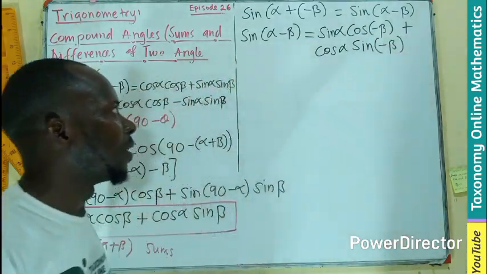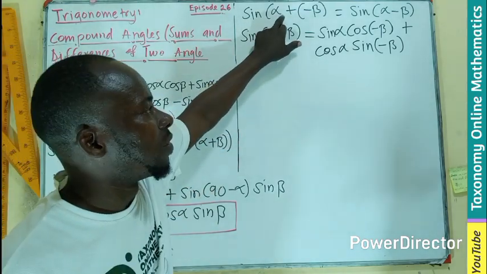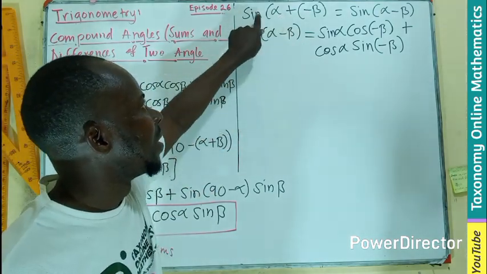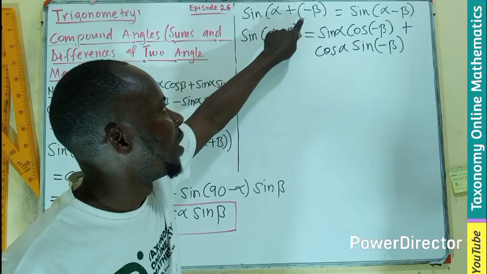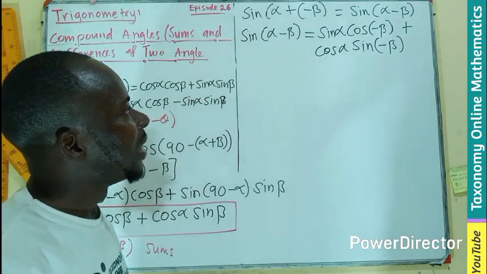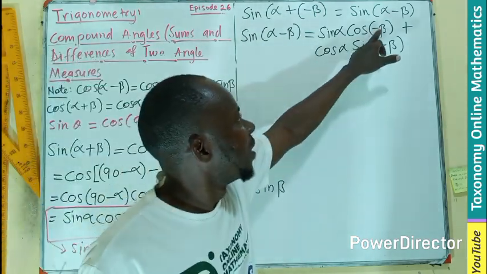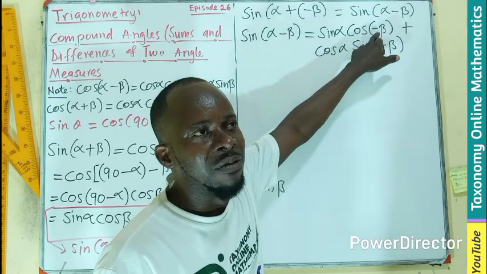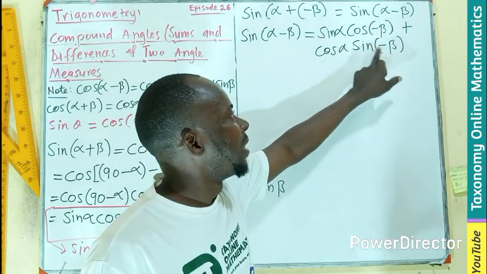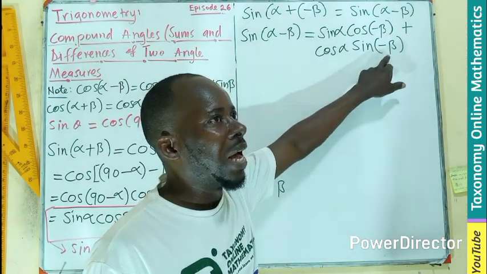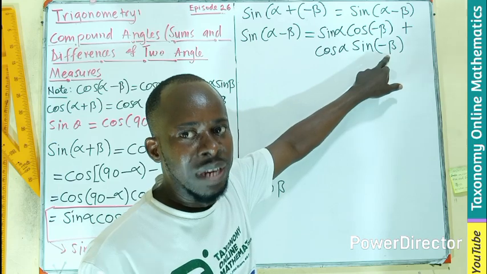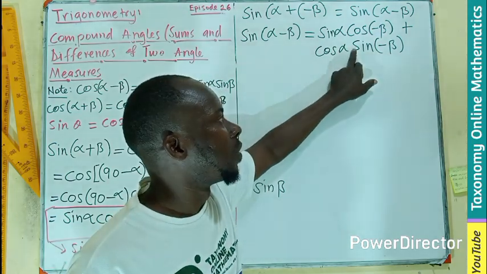I guess that is clear. This is the same as this. So I can expand this using the concept I have. And remember, a cos of a negative angle is positive, while the sine of a negative angle, beta, is negative. So negative will come in front before this.